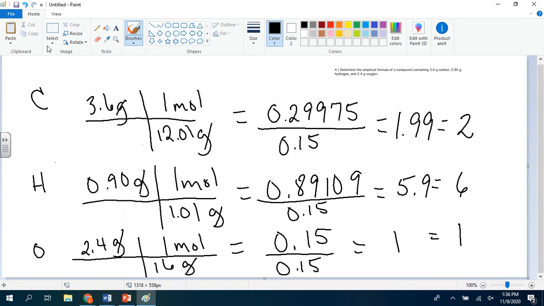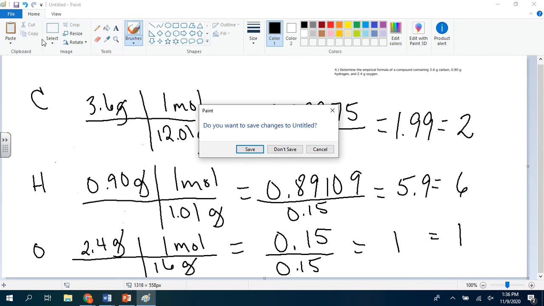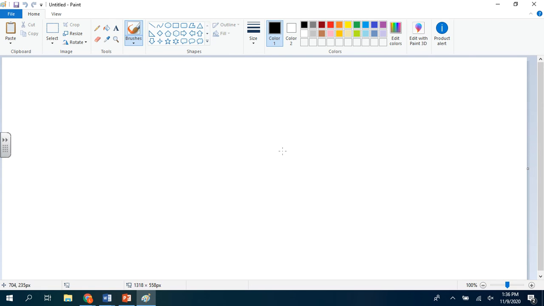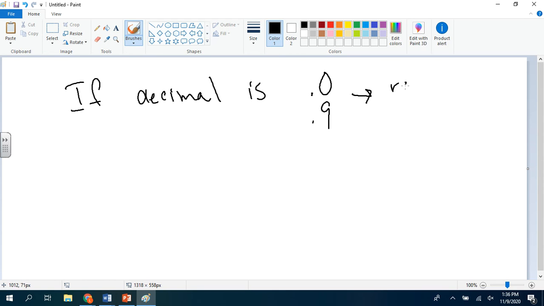So what I may do here is these are some notes for you. I would definitely write these down in your notes. So if the decimal is 0.0 or 0.9, round to whole number.